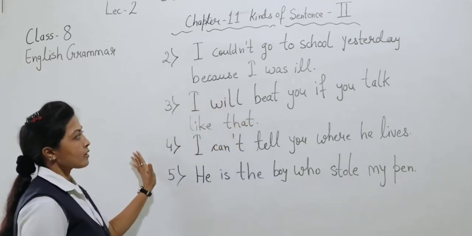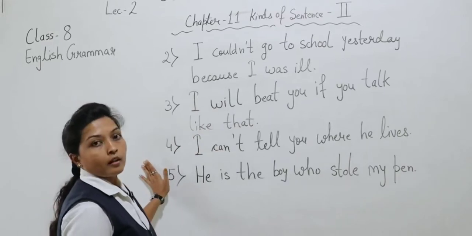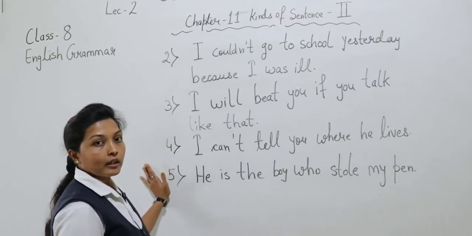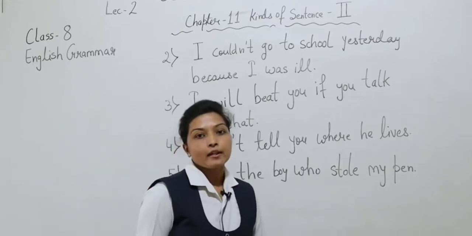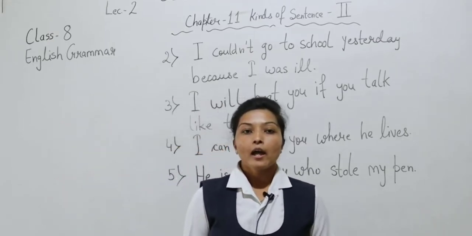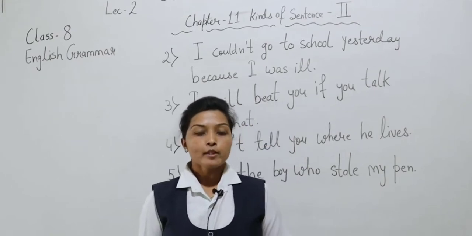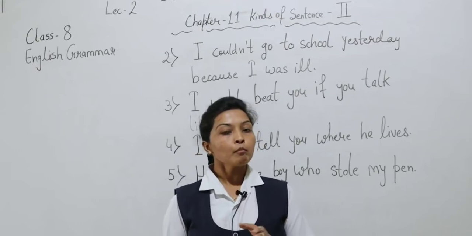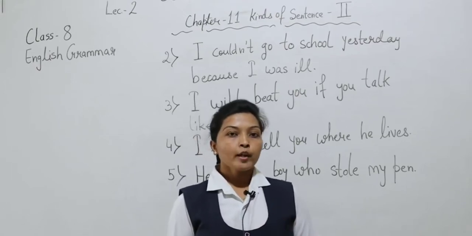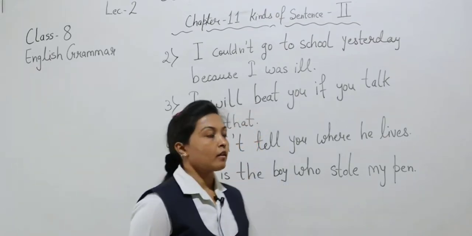So from these examples, I hope that you all are clear that a complex sentence has one principal clause and one or more subordinate clauses.